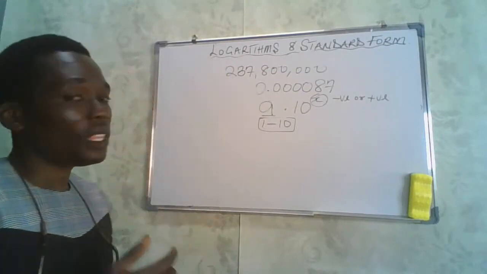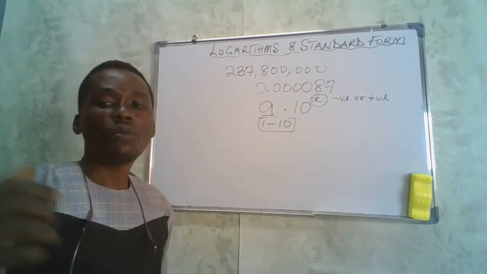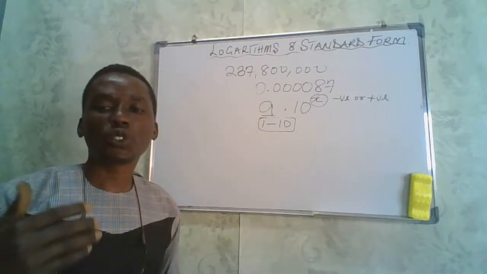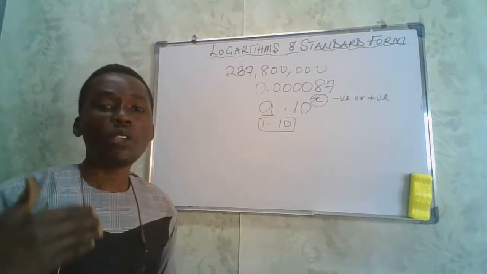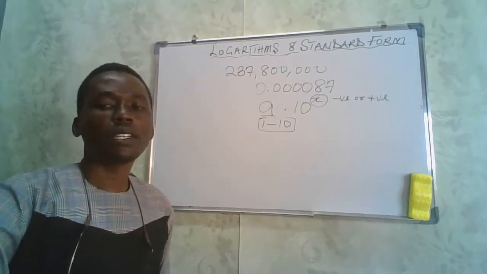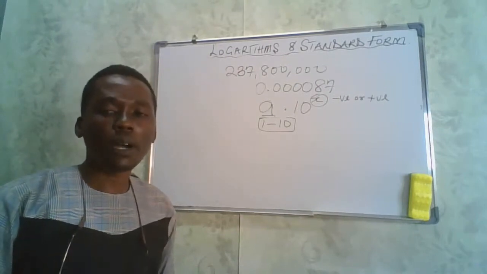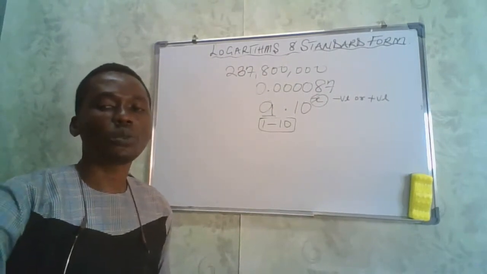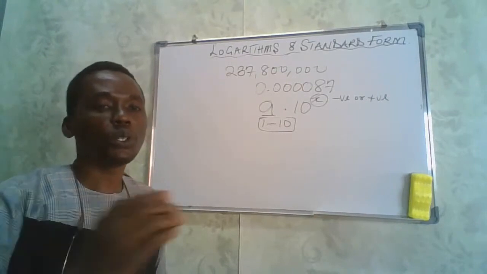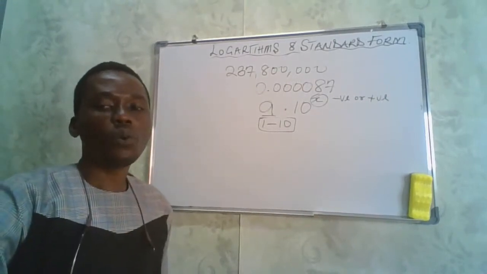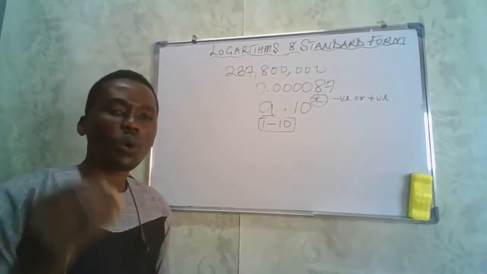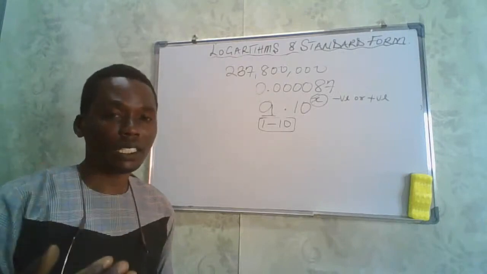If you are given smaller numbers, counting smaller numbers from the decimal point to the last value to your right will always result in a negative integer.